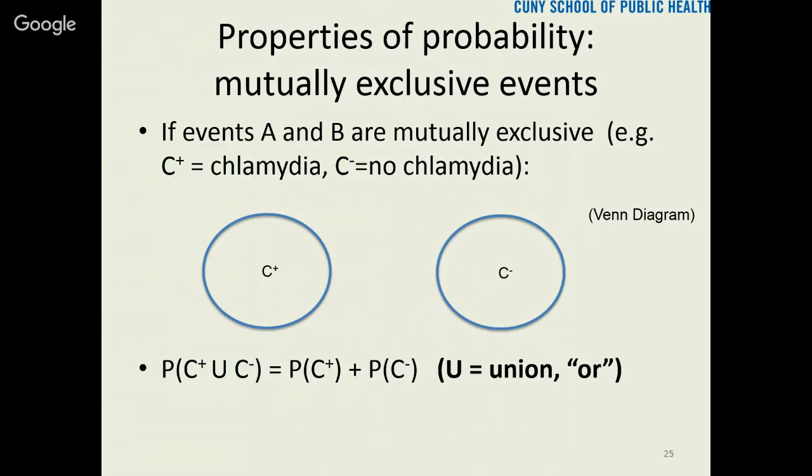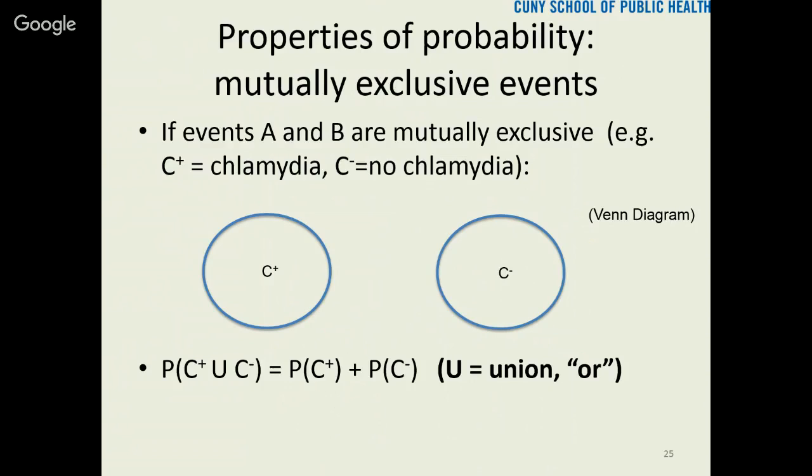What's the question? So the question is, this is the probability of the union for mutually exclusive events. If they're not mutually exclusive, would it be more or less than this? Yeah, if they're not exclusive, it would be more likely, right?